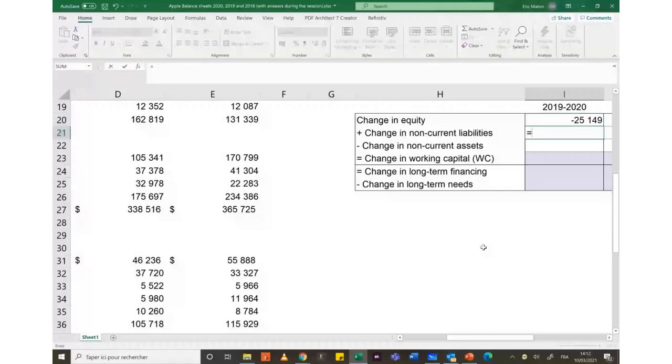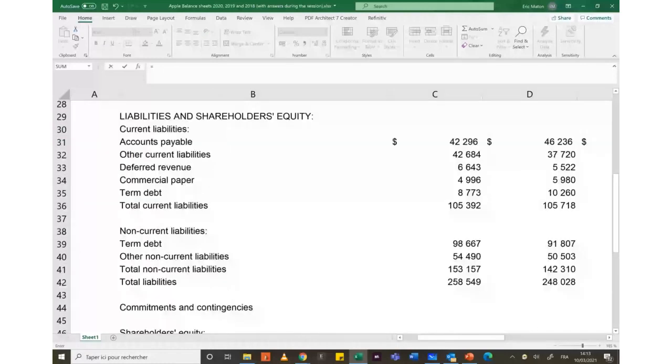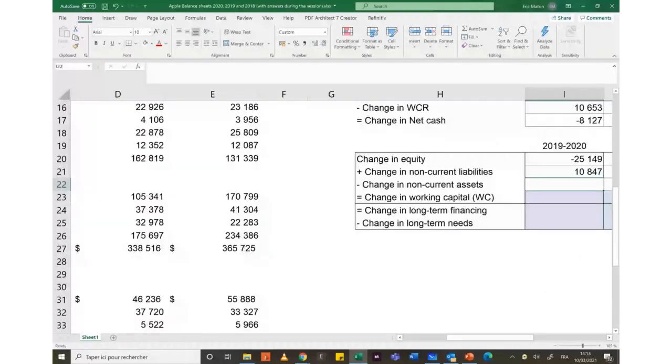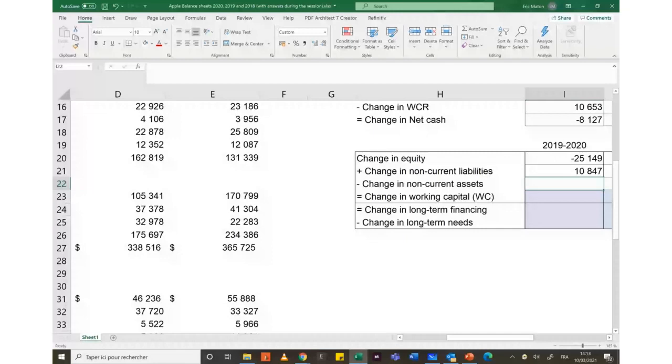For the long-term liabilities, we increase the long-term liabilities, but we increase less the long-term liabilities and we decrease the equity. And now it's the reverse, opening minus ending for the non-current assets because we want the minus.